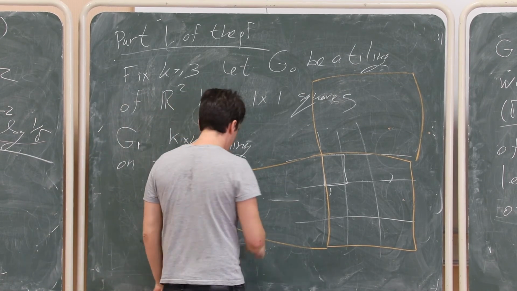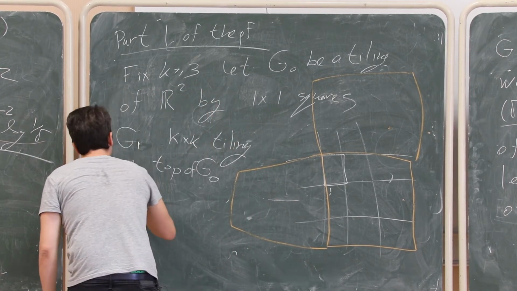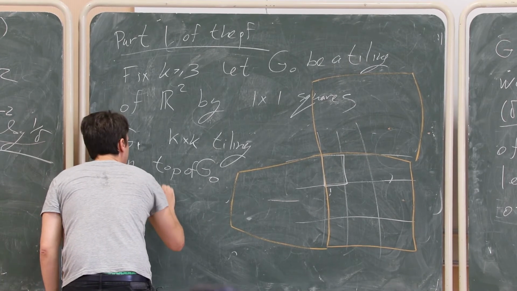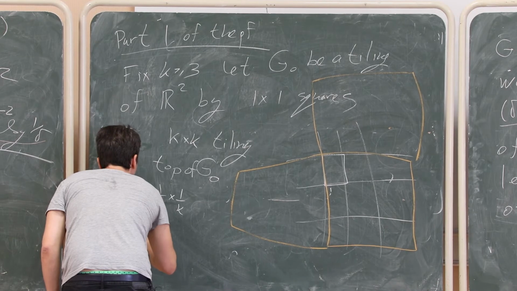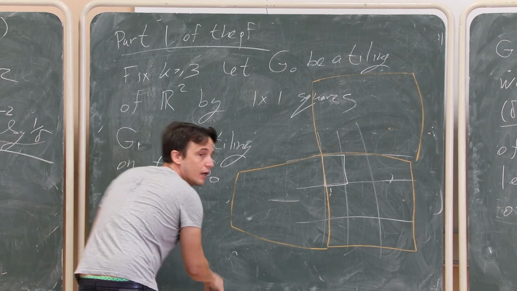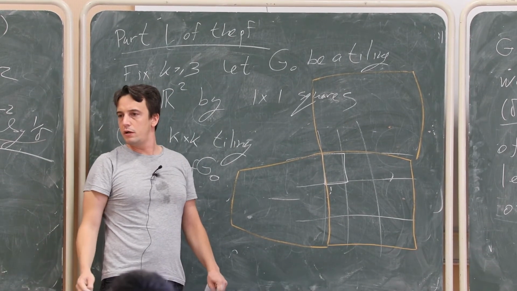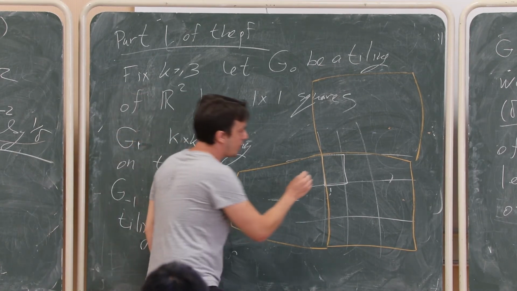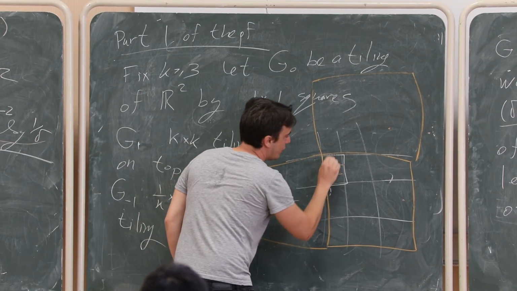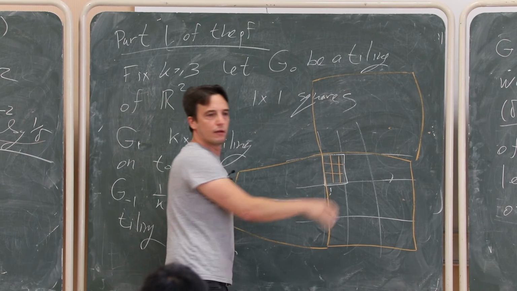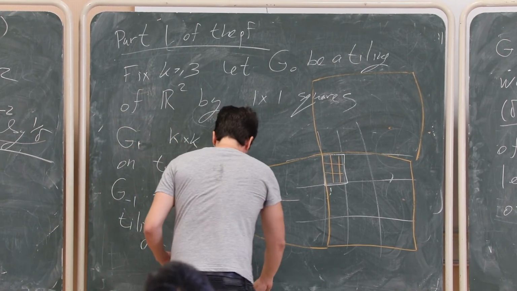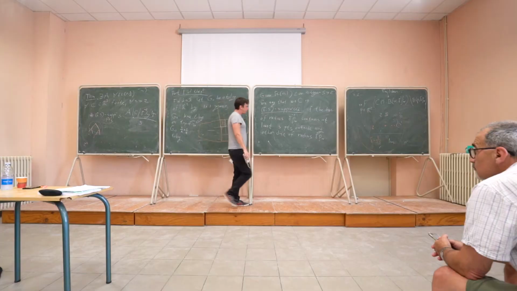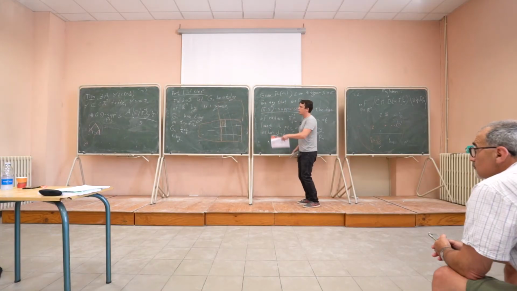So I'm also going to look at G minus 1, which is going to be a 1 over K by 1 over K tiling. So all of these tilings are an infinite collection of squares. And so in each little square, I will split into K by K, or 3 by 3 in the picture. So this would be a reduction.